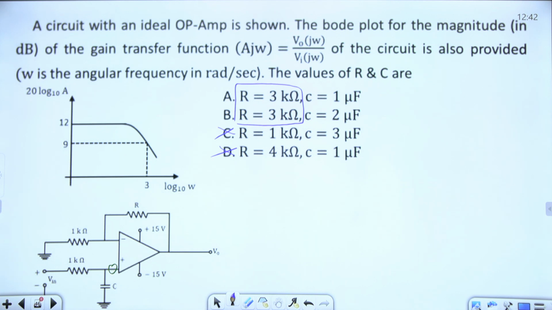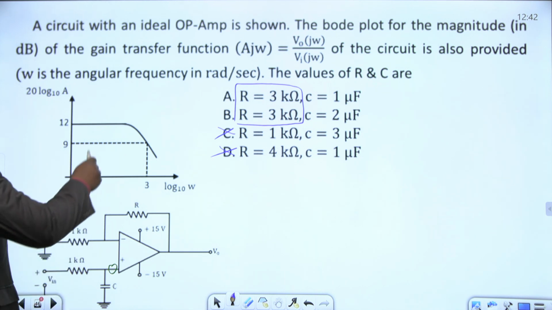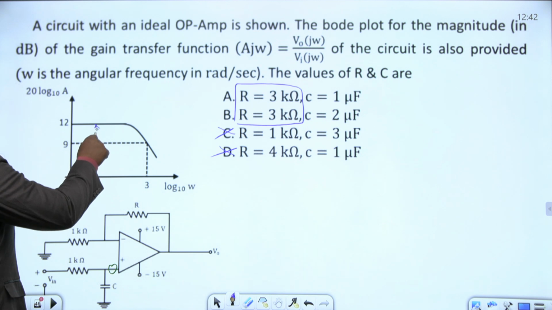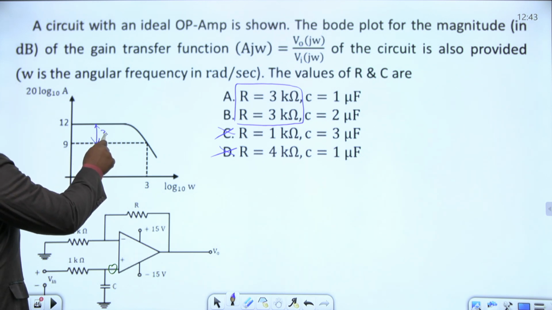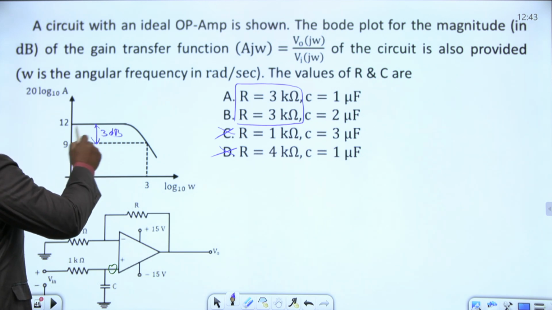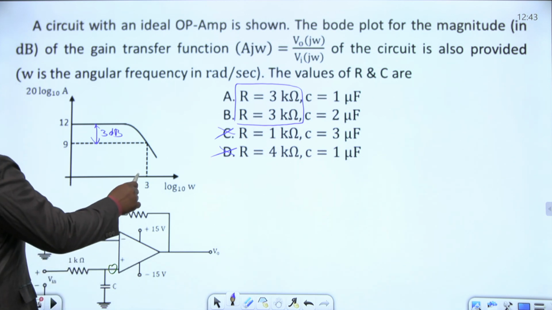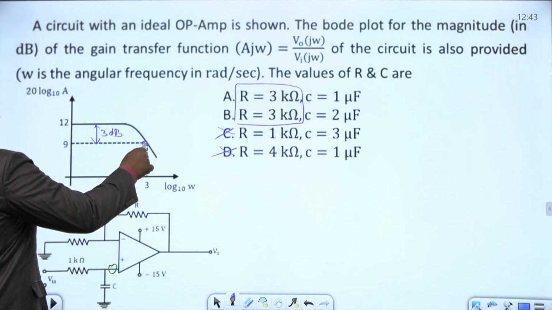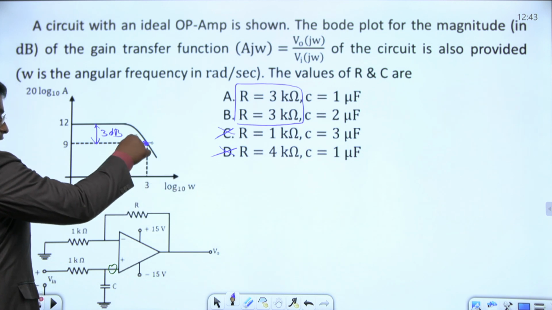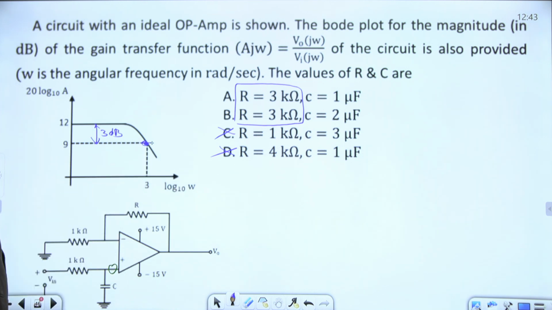Another thing, notice here, this is a 3 dB frequency, and after 3 dB the magnitude falls. At which frequency is this? At log of omega base 10 equal to 3. What information can we get from here?